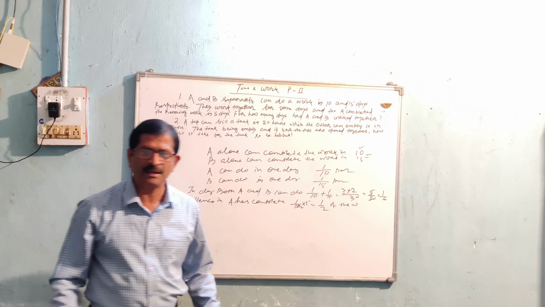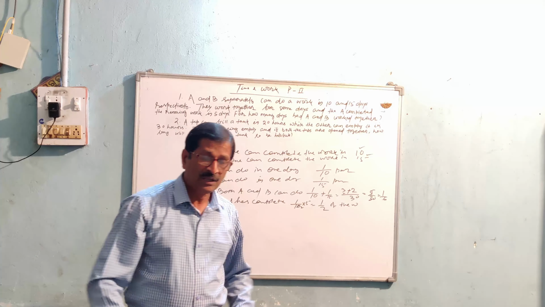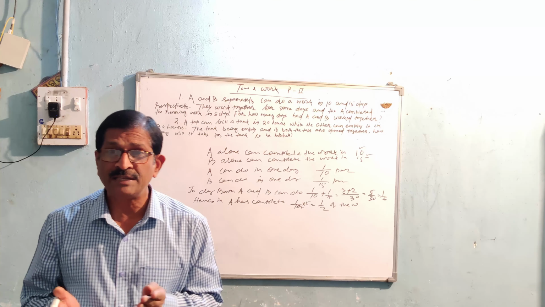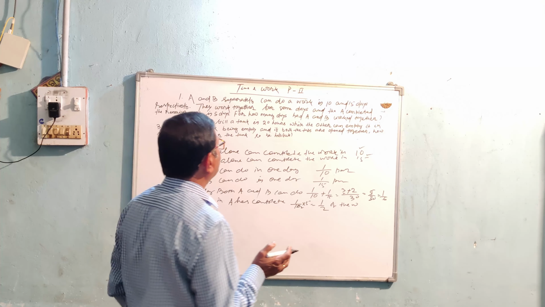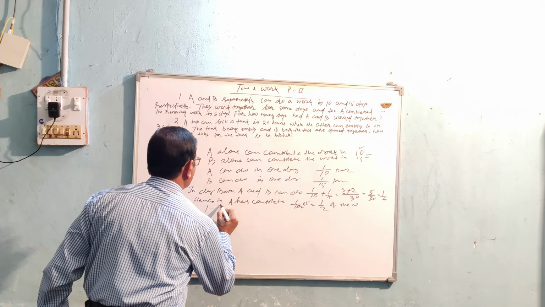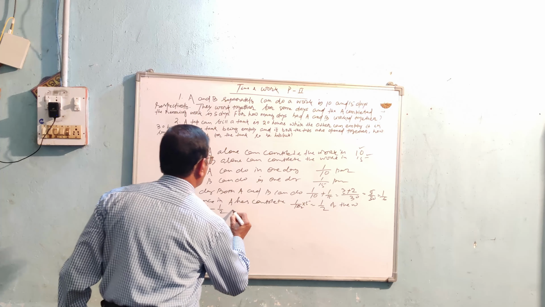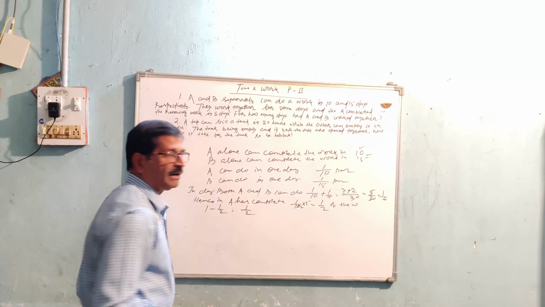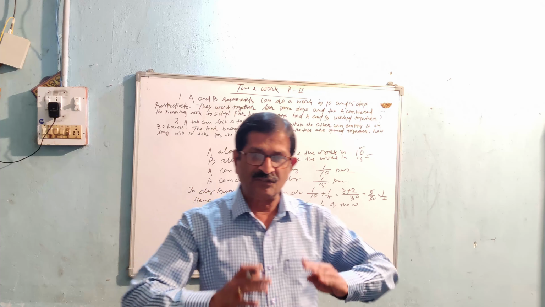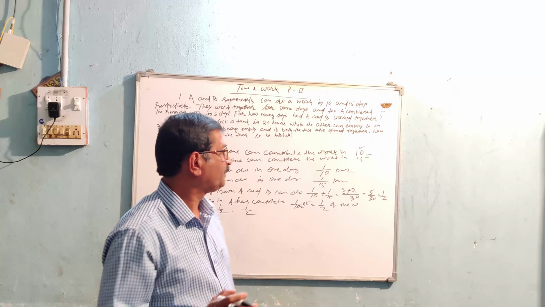So the remaining work is 1/2, which A has completed in 5 days. Then what part of the work have both of them done together? Total work is 1, and 1/2 part of the work alone A has completed, so the remaining 1/2 part of the work is done by both A and B together.